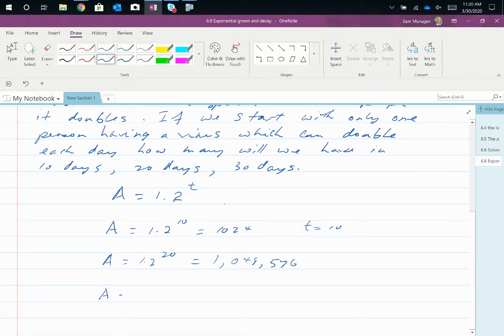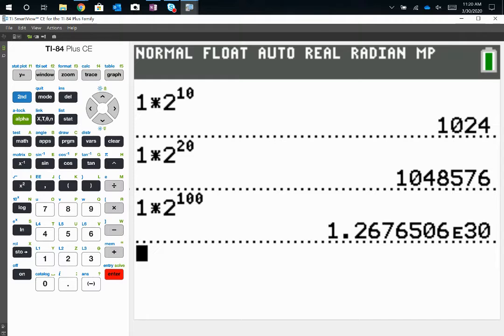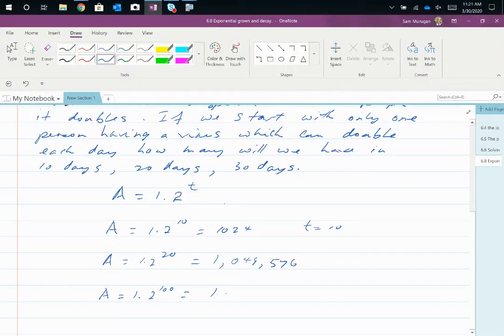And by day 100, 1 times 2 to the power 100, that number will be so large that it has to be measured in scientific notation, 1.27 times 10 to the power 30, which is a really, really large number, 30 places past the decimal point.